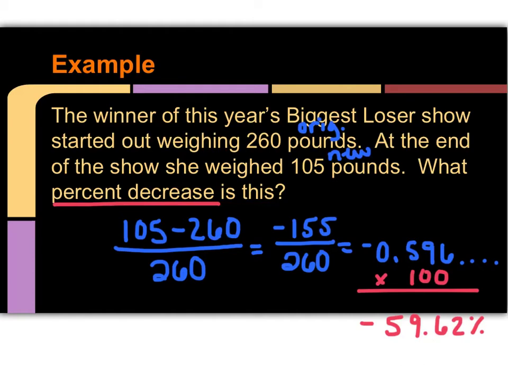The only reason why it's negative is to show you that it's a decrease. You actually don't need that as part of your answer. It's just reminding you that it was a decrease. So it's a decrease of 59.62%. More than half of her weight she lost.